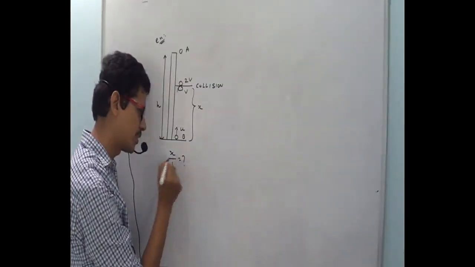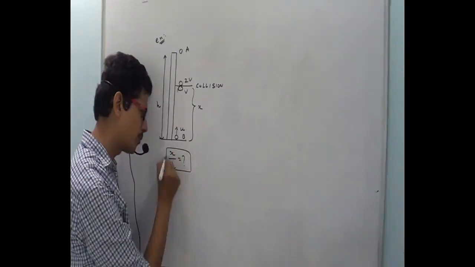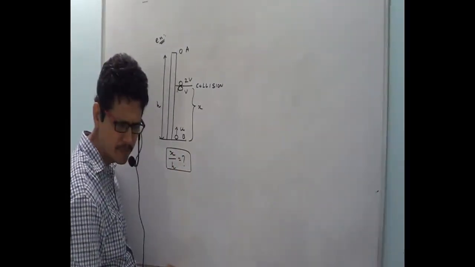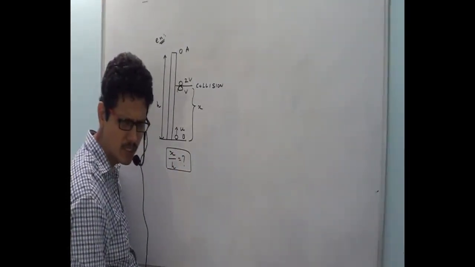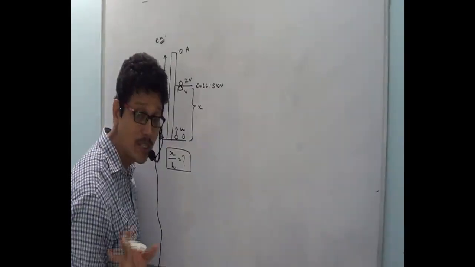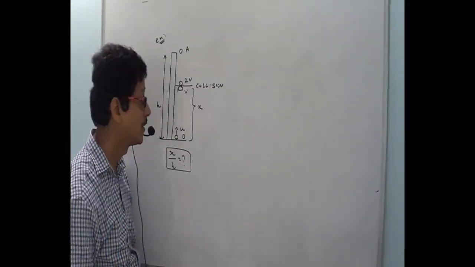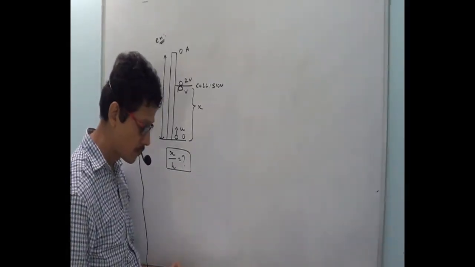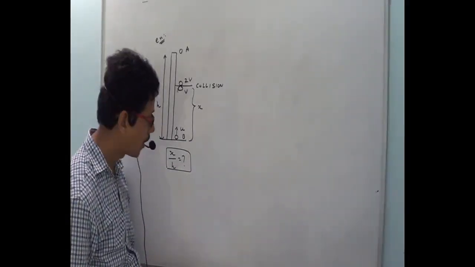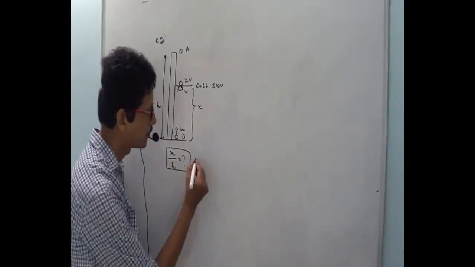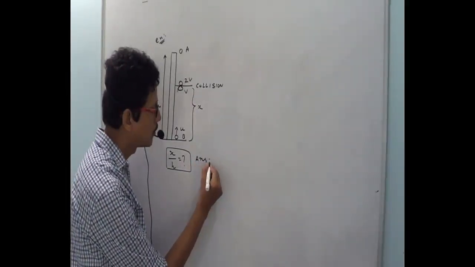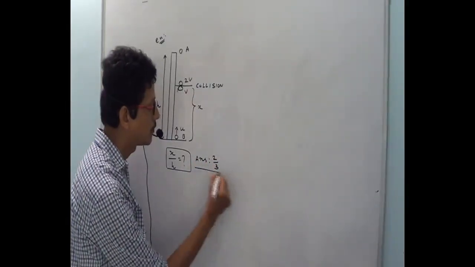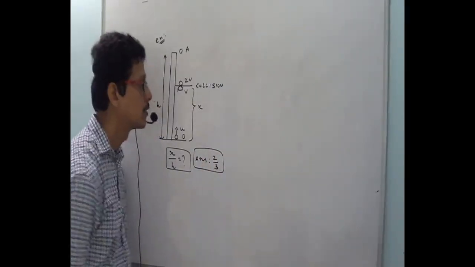The question is, at what fraction of the height of the building did the collision occur? Where did the collision happen? Answer is 2/3. One of the options is this.